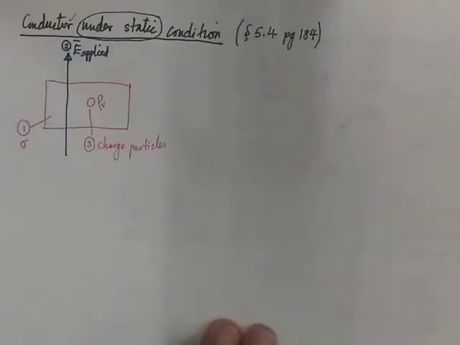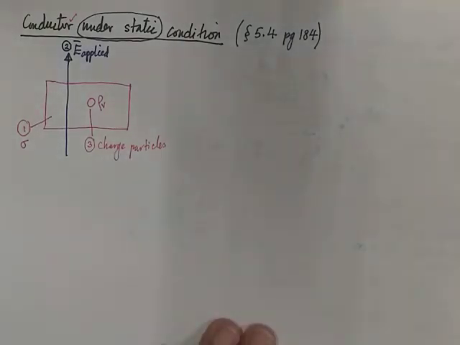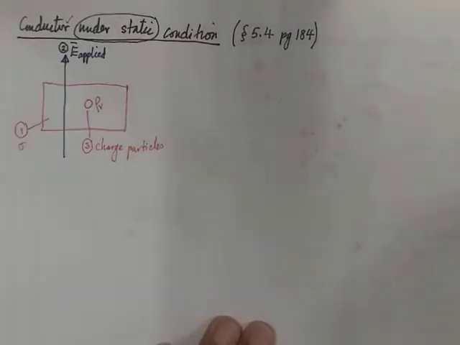It's not connected to any circuit, so there's no path for the electrons to flow as in the previous discussion. The conductor is stated to be isolated or floating in the air. So what will happen to our volume charge when we expose it to the electrostatic field? That's the issue now.